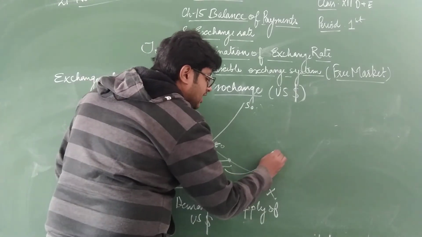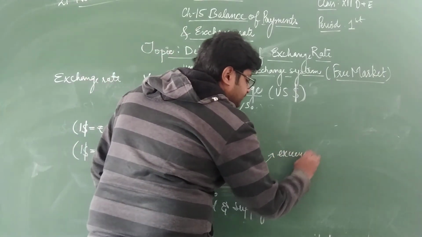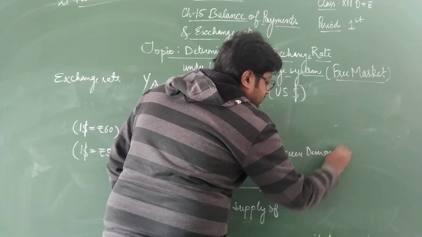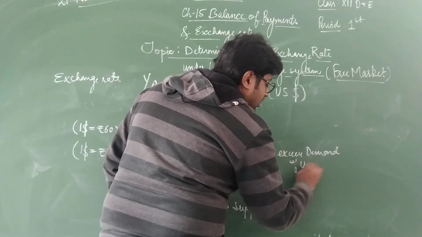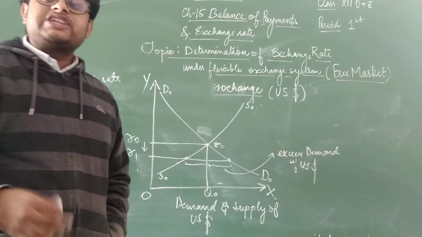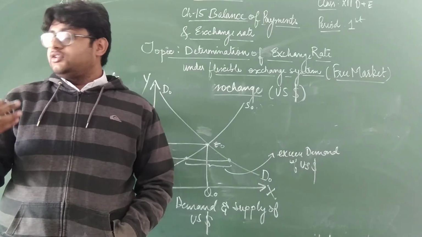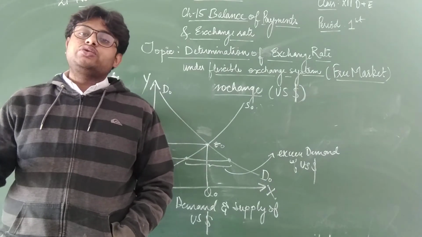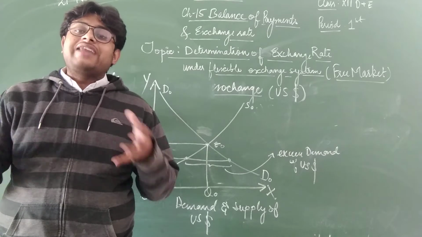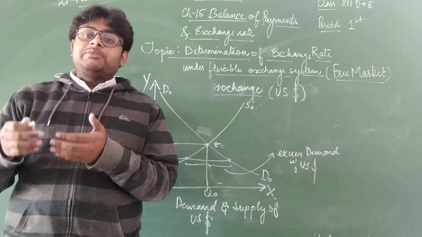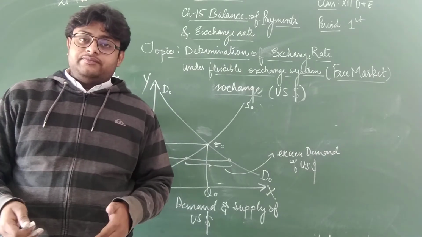So you can write over here excess demand of US dollars. That means the importers will be demanding US dollars for making the payment to the US, but there will not be that much availability of US dollars in India.